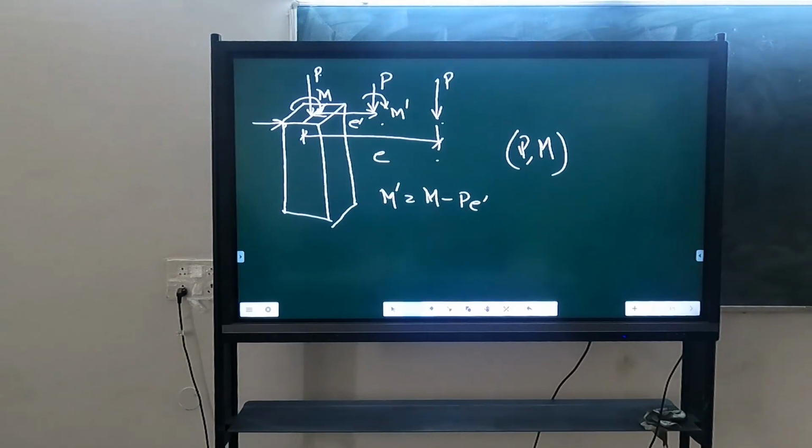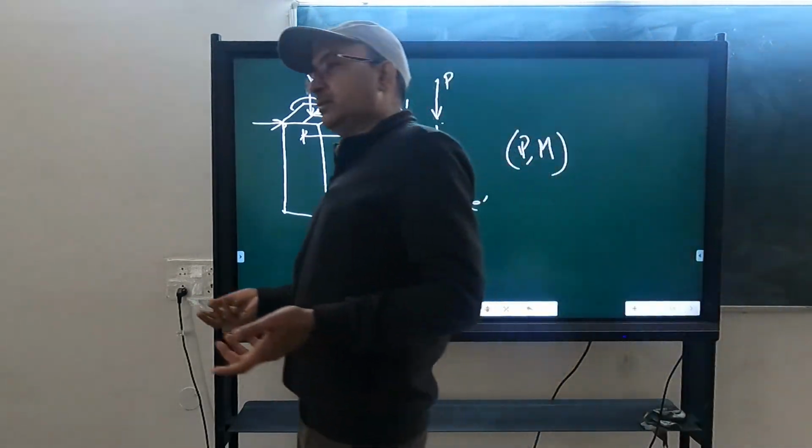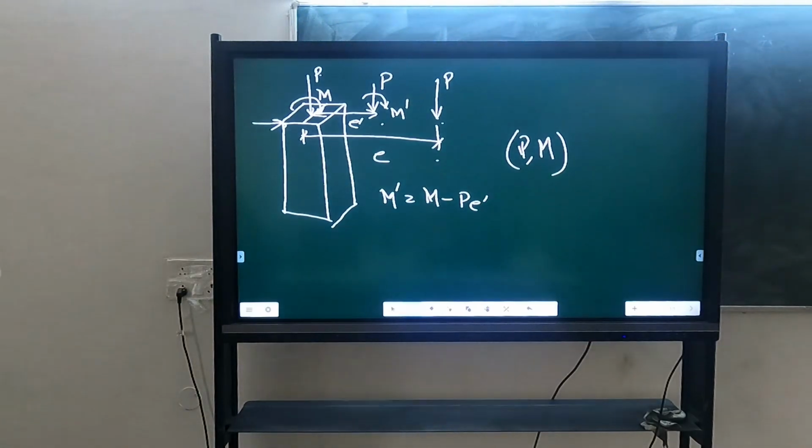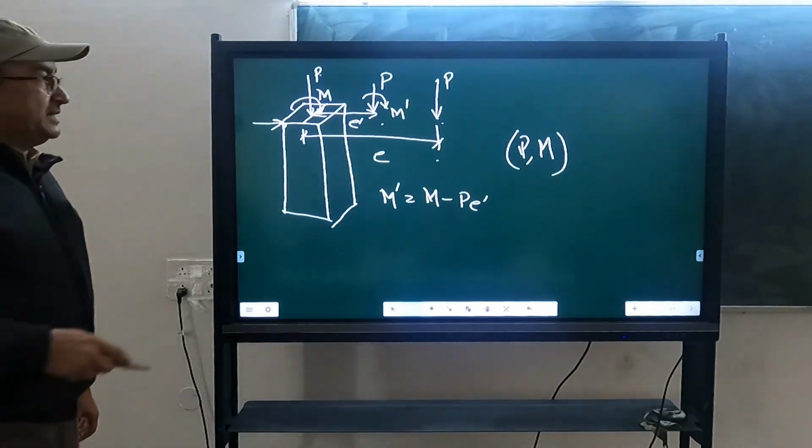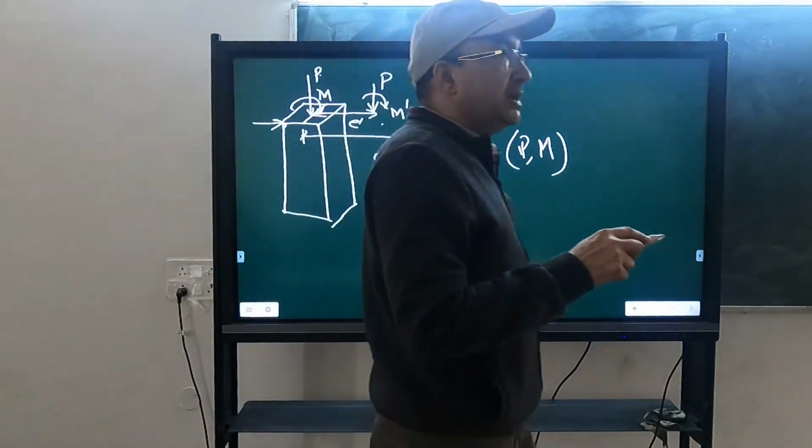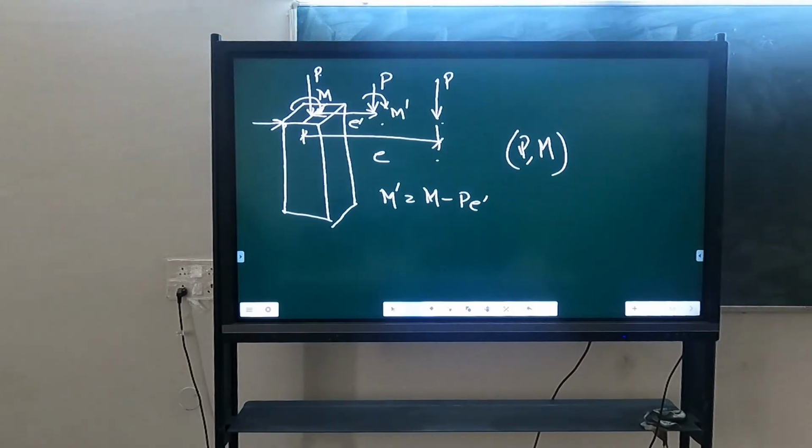So the first condition is that you can take any axis theoretically, but the designer and analyst both should have this understanding of where this axis is taken. Secondly, that axis should not change with the value of P and M. It should remain the same.